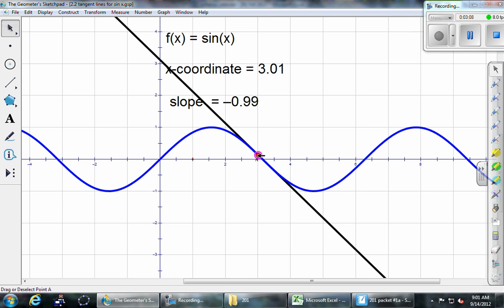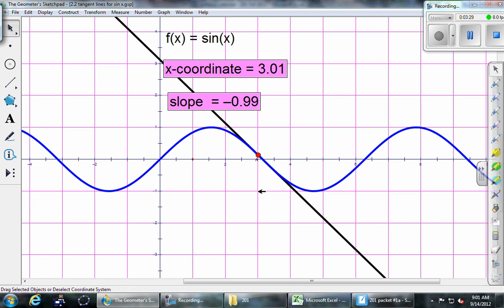It's basically negative 1. So for our derivative function, what's the input? It's 3. What's the output? Negative 1. And I'm plotting another point. I had a point right there, and now I have a point at 3, comma, negative 1, which is right down there.